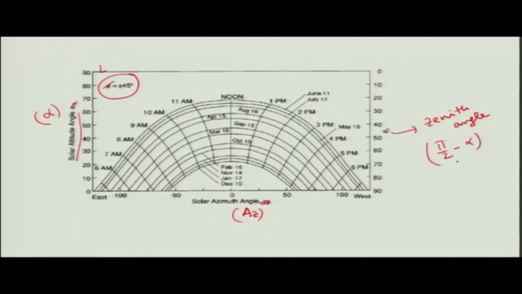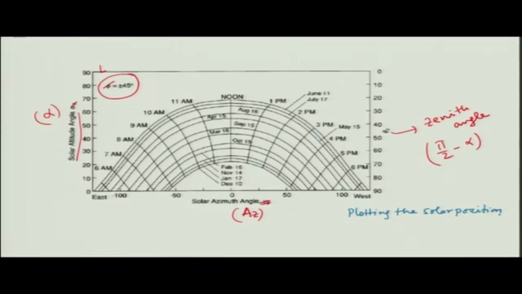So, both the vertical axes are basically giving you the same information, but the horizontal axis is the solar azimuth angle AZ. And what we are plotting here is the solar position.